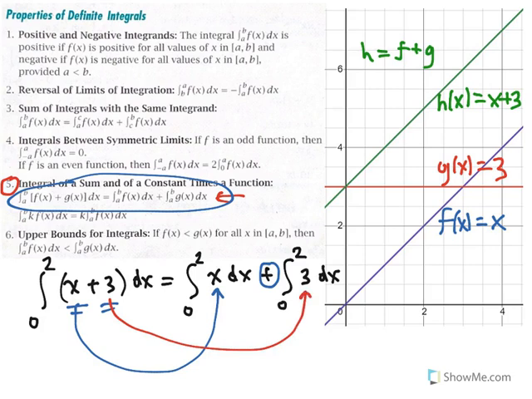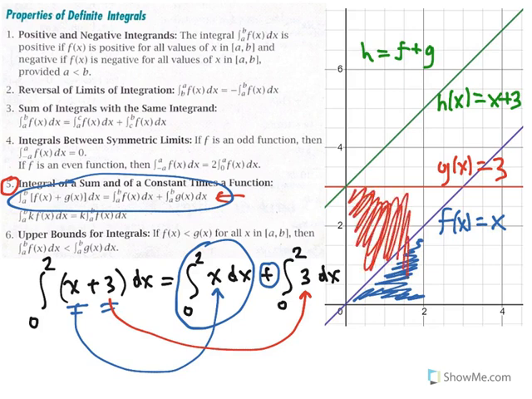And each of the two definite integrals on the right, you can easily see that the first one would represent the area under the graph of f of x is equal to x above the x-axis from x is equal to 0 to x is equal to 2. And the second one would represent the area under the graph of g above the x-axis from x is equal to 0 to x is equal to 2. So it would be all of this area.